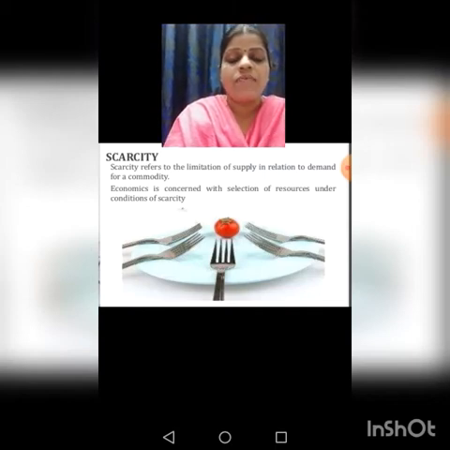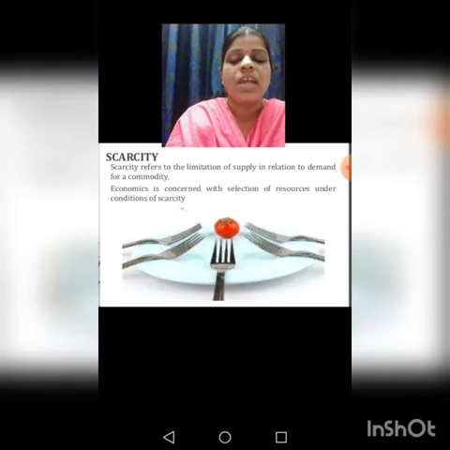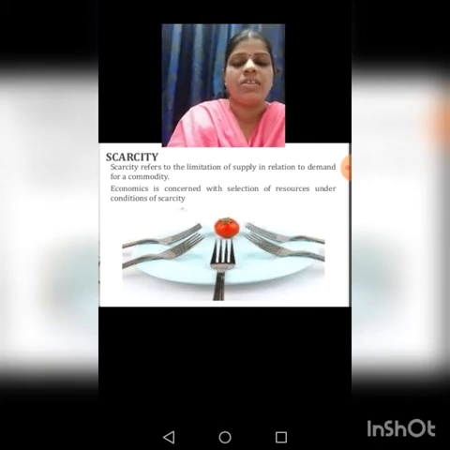If for certain commodities demand is more and its supply is less, we can call such commodities scarce in supply or scarcity. So economics is concerned with the selection of the resources under conditions of scarcity.